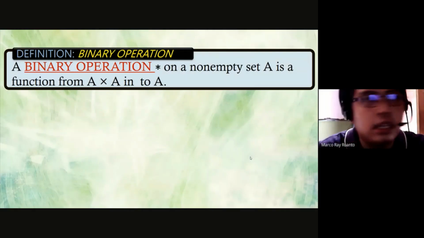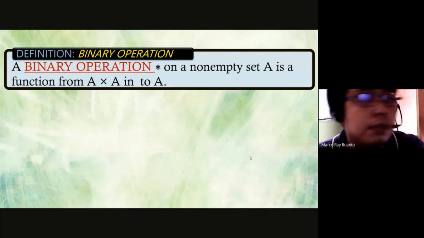So that is the application of this in programming.